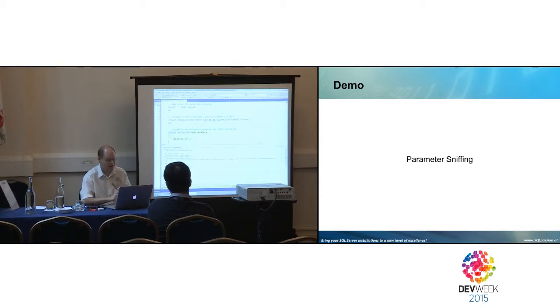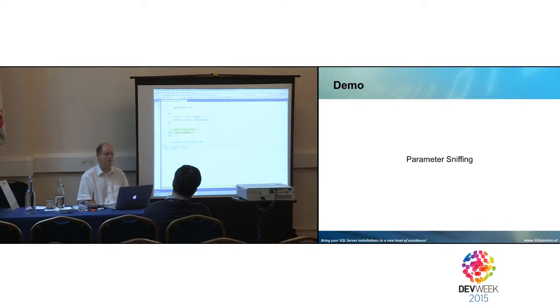And now I create a very simple stored procedure, nothing special here. We have one input parameter value, and we just use that input parameter value to select data from that table. Let's run that stored procedure.